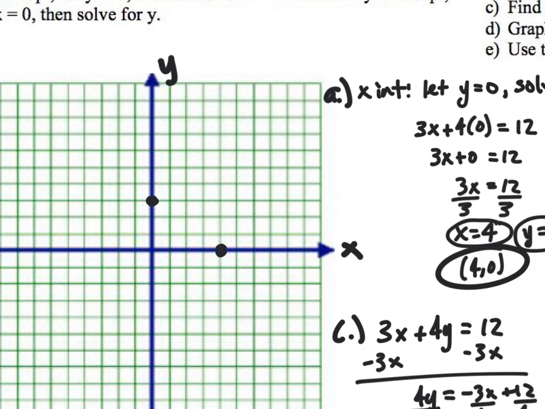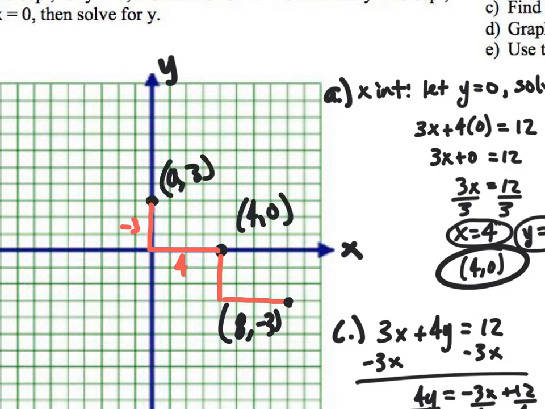Between those 2 points, I could also calculate the slope on the graph and draw my stair step. I know that I go down 3 and over 4. I could continue that process, go down 3 over 4 and plot a point. This would be the point 8, negative 3. This is the point 4, 0. This is the point 0, 3.